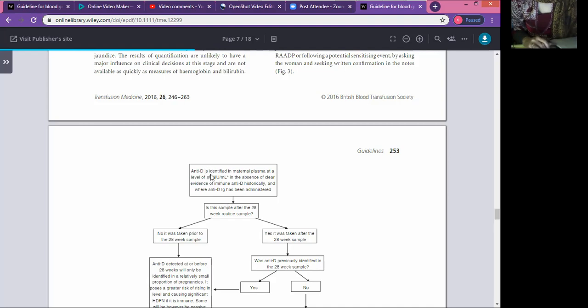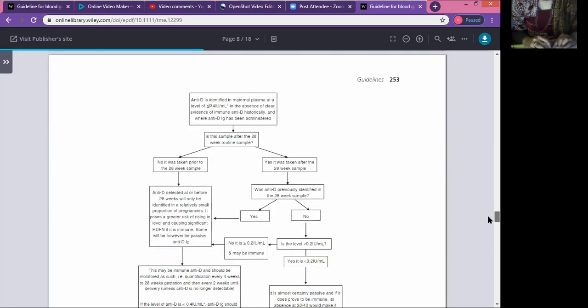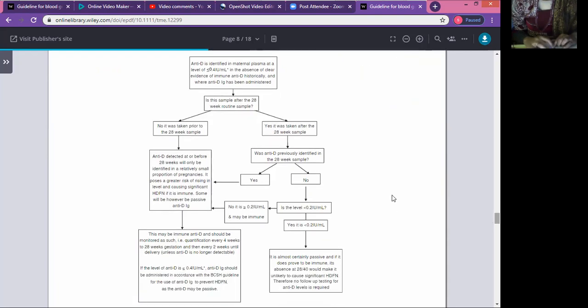And if the anti-D had not been administered in this pregnancy and the value is found to be more than 0.4, then we should treat it along the lines of an immune antibody. This is another thing that they have highlighted: the levels they have mentioned for 4 and 15 for anti-D are significant, but levels less than 4 should also be taken with caution, and we need a history of whether the patient had been administered anti-D.